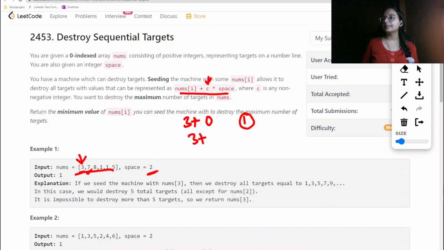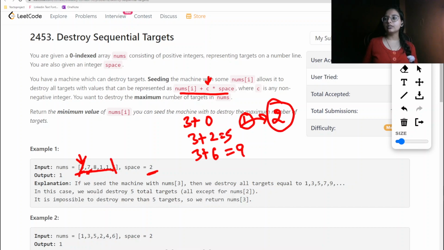So 3 plus 1 times 2, that would be 5. Then 3 plus 2 times 2 is 7, right? Then 3 plus 3 times 2 is 9. And here we see that no more elements are there. So 5 would be destroyed and 3 would be destroyed, right? So 2 elements would be destroyed if we choose 3 as our nums[i].